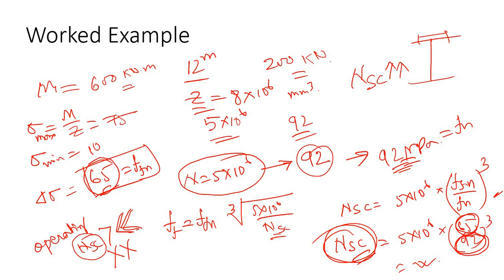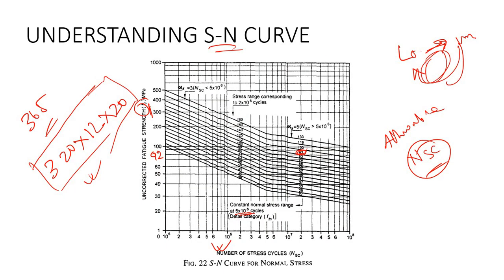Let's say we are interested to increase this one. Okay, so to increase this Nsc, we have to decrease this value. So to decrease this value, if we go back, we have to come down, right? That means we have to go for this type of detailing. So one way to increase the allowable stress cycle is to change the detailing category.